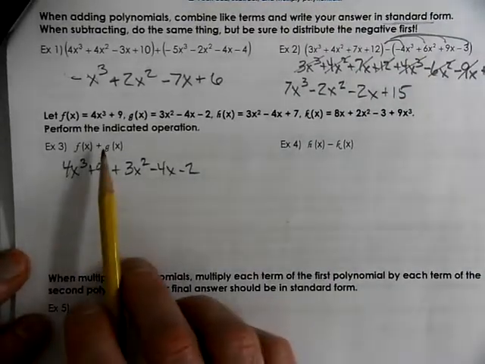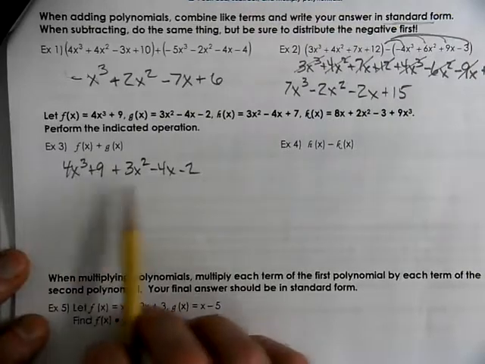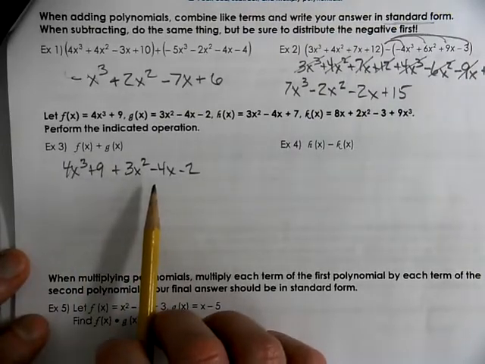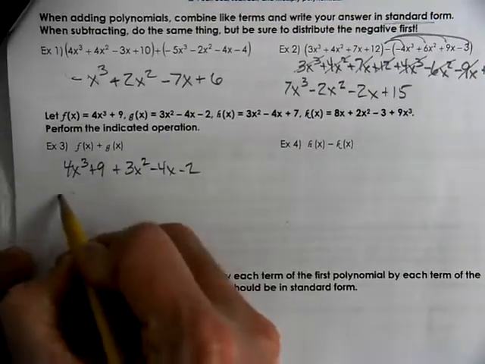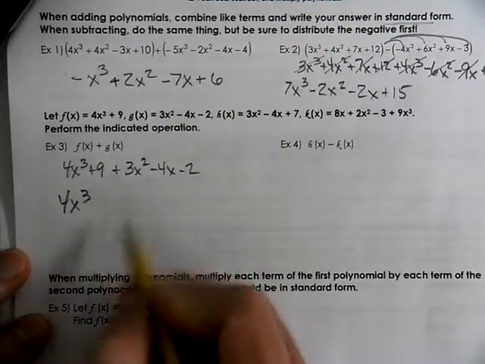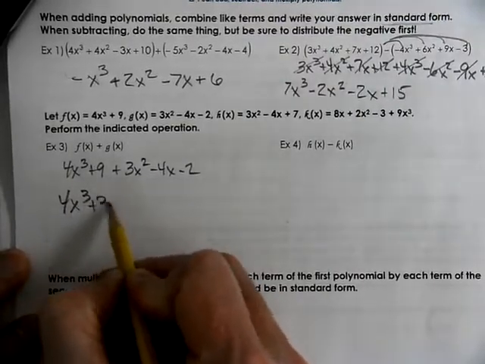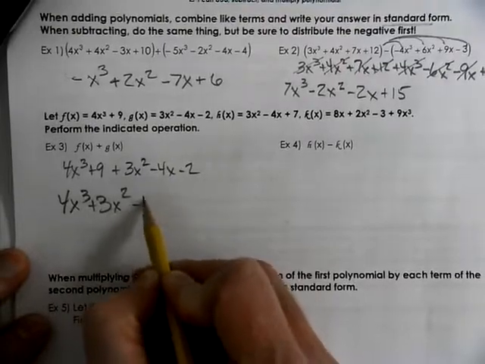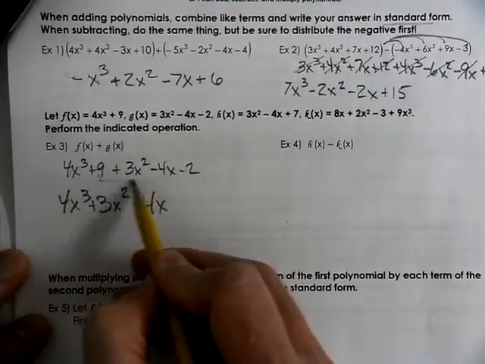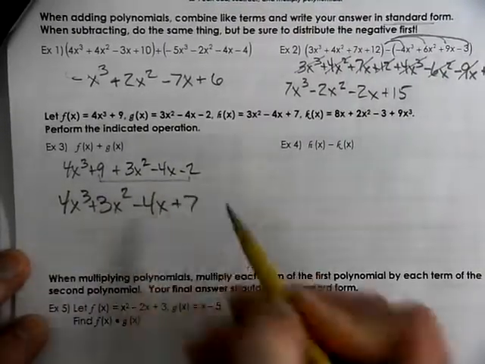If we're adding the two polynomials together, parentheses are not needed. We have 4x cubed plus 3x squared minus 4x, and our like terms will give us positive 7.